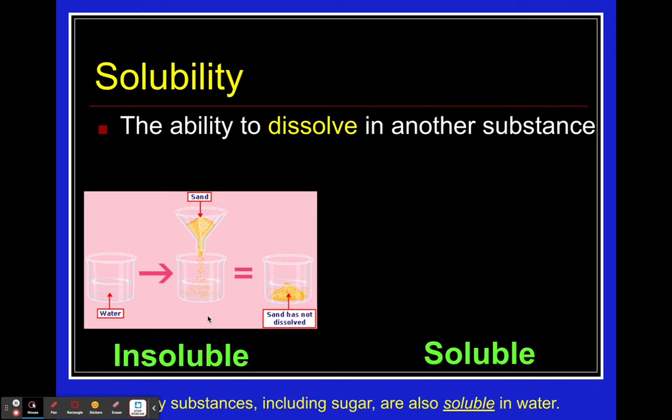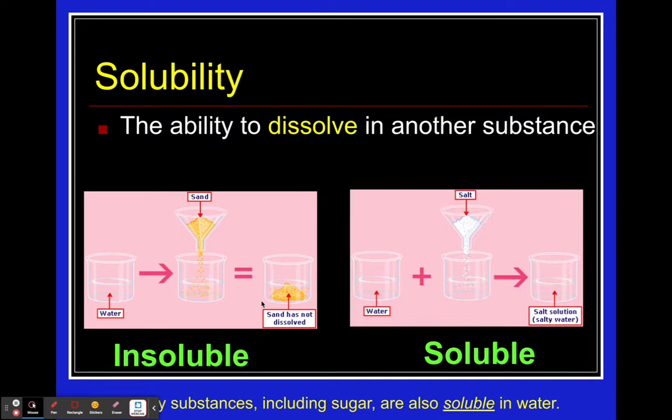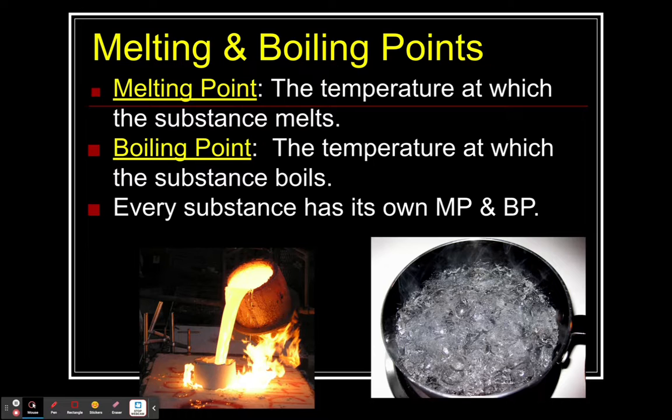It definitely is insoluble. An example of soluble would be salt. When you put salt into water in certain portions, you can mix it around and the salt will dissolve, which means you can't see it anymore, but we know it's there. Sugar is also another example of soluble.